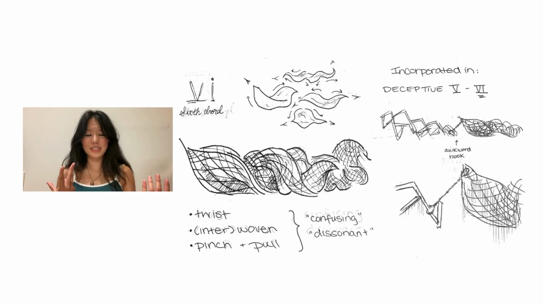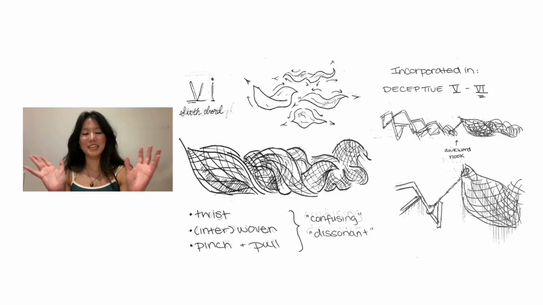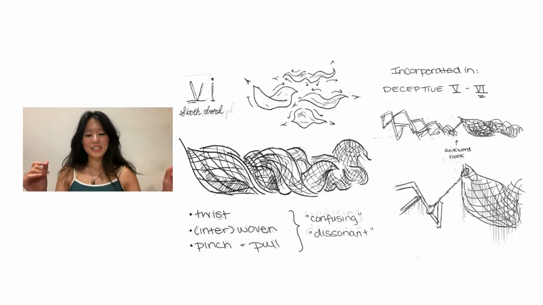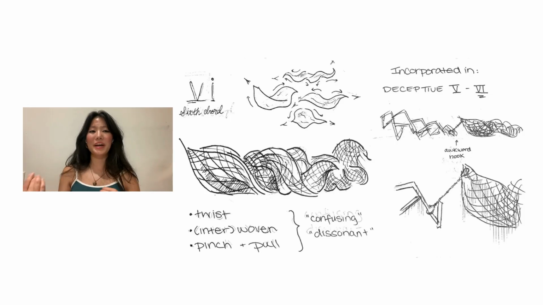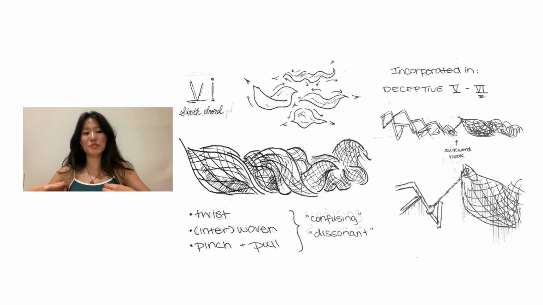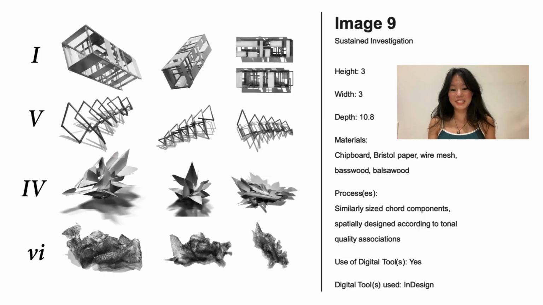And the sixth chord, if a song ends in a sixth chord, is supposed to sound unfinished, so I thought of it as a confusing or dissonant chord, with a very wonky, abstract, organic structure. Here are the representations of the four chords I decided to bring to life from multiple angles, showing my documentation skills.